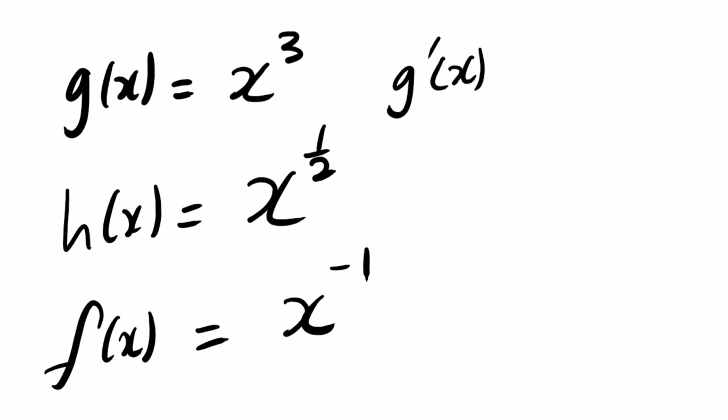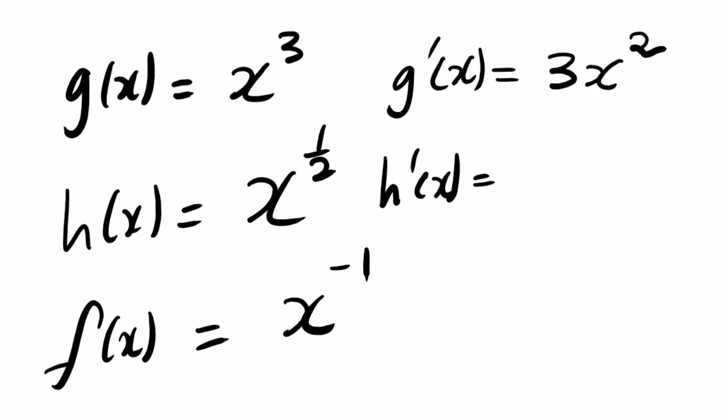Don't be surprised. g prime of x is the same as the derivative of x to the power 1 over 2, which is 1 over 2 x to the power negative 1 over 2.